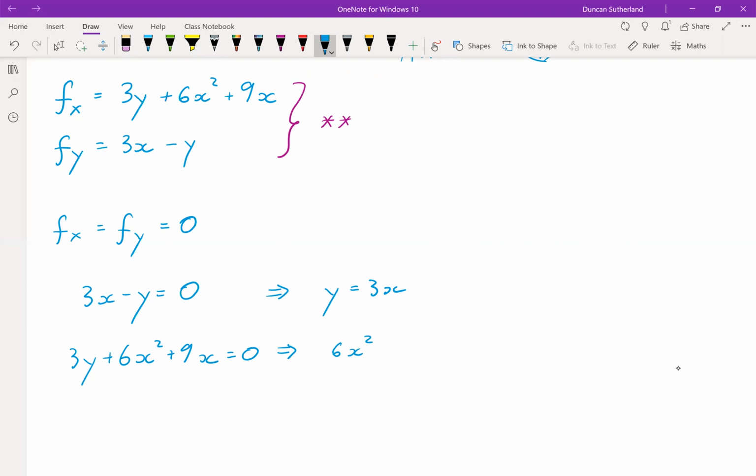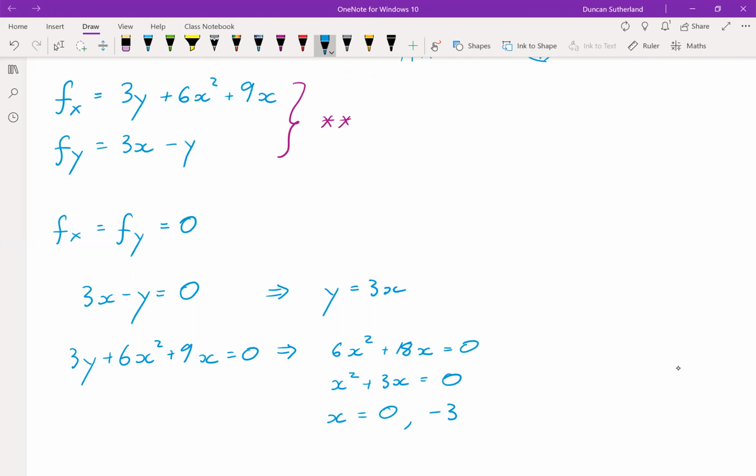6x squared plus 18x equals nothing. So that implies x squared plus 3x equals nothing. So x is either 0 or x equals minus 3. So there are two values of x.